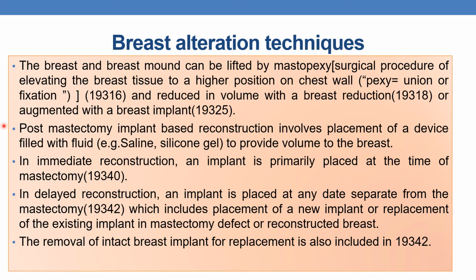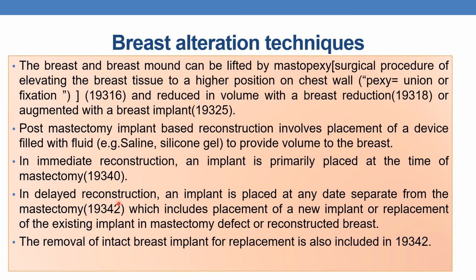19325. Post mastectomy, implant based reconstruction involves placement of a device filled with fluid, for example saline or silicone gel, to provide volume to the breast. In immediate reconstruction, an implant is placed at the time of mastectomy, which is given by the code 19340.